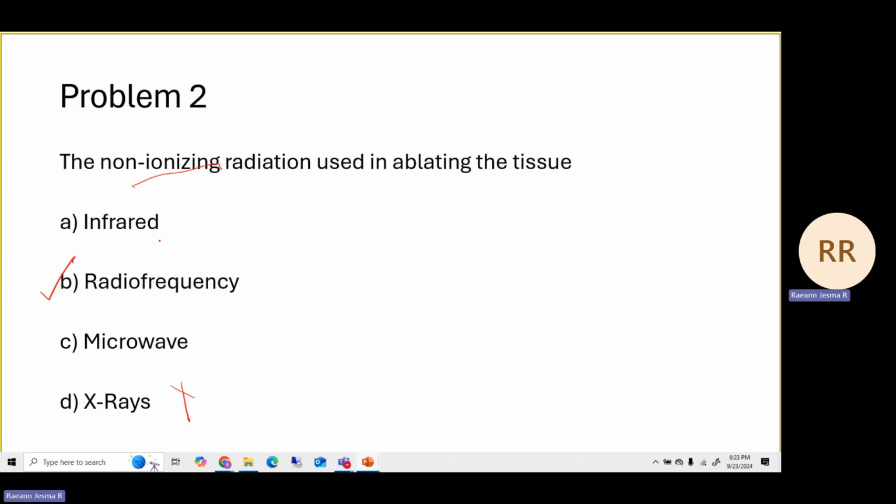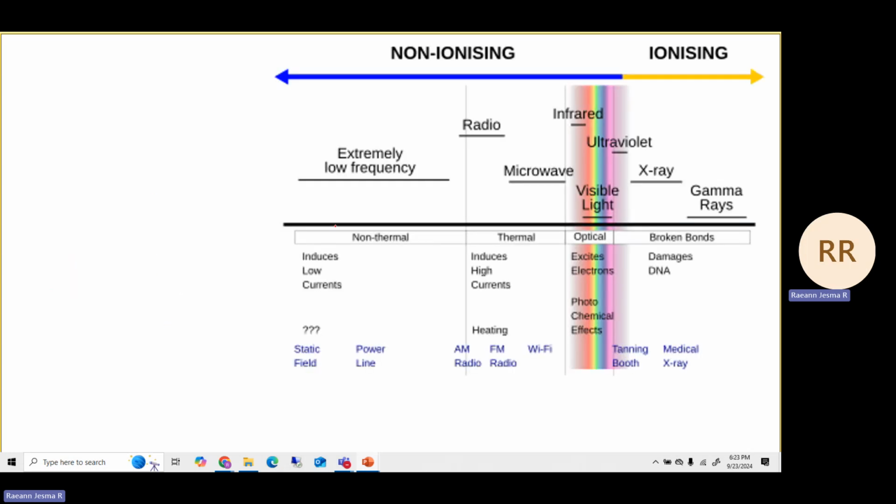First, let us look at these different kinds of waves. Here in this spectrum, we can see that it is divided into non-ionizing and ionizing radiation. Non-ionizing radiation means it does not have enough energy in that particular wave to ionize atoms or molecules.